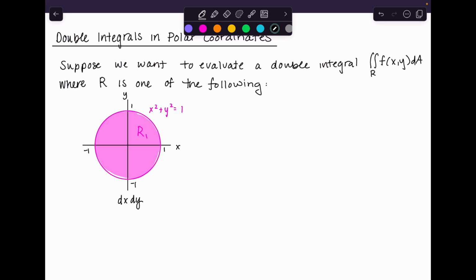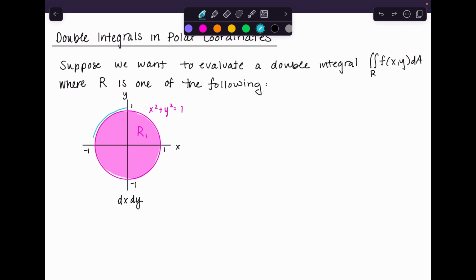Your y would then change between -1 and 1. However, your x would have to start at the left half of the circle and go to the right half. You'd have to solve this equation for x, and you're going to get some really nasty bounds.